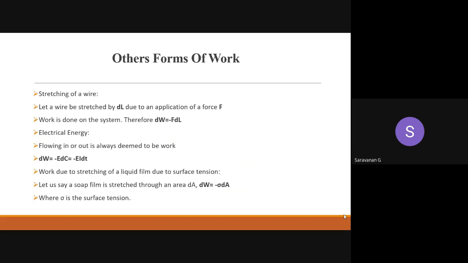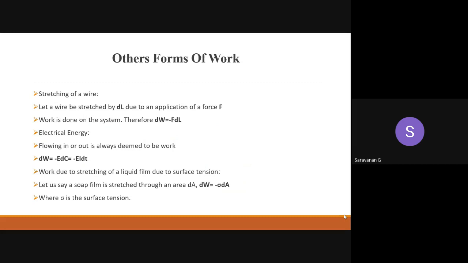Similarly, stretching of a liquid surface, surface tension: sigma is the surface tension, dA the change in area. Again, it is a film stretched through the area, liquid or solid surface, in the opposite direction, so dW is minus sigma dA. Similarly, minus E L dt. So these are electrical work, surface tension work on stretching of a liquid film, as well as stretching of a wire. These are the different forms of work.